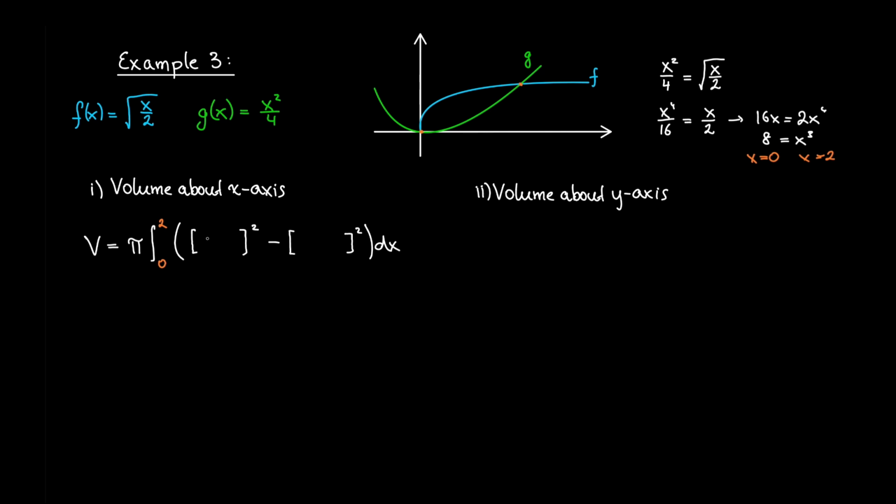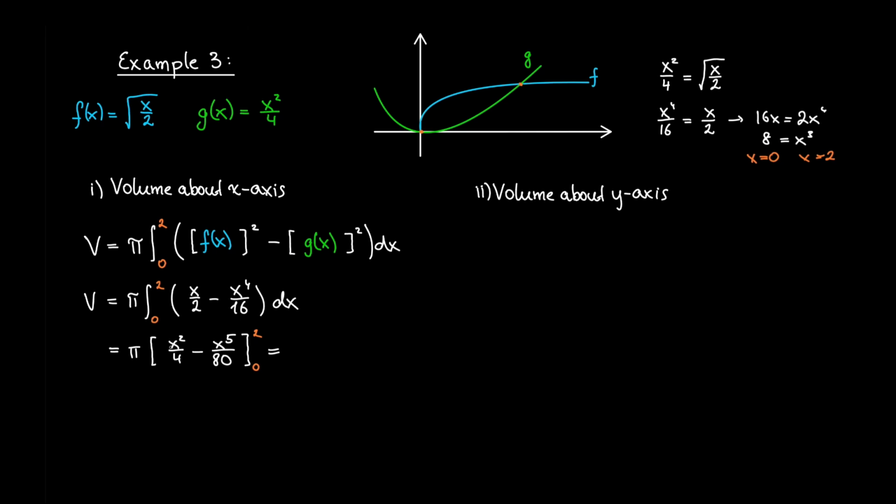Now, the first function would be the upper one, in our case the blue function f of x, and the one that is being subtracted is the lower function g of x. If we put our functions inside, what we get here in the front is x over 2 minus x to the power of 4 over 16 dx.